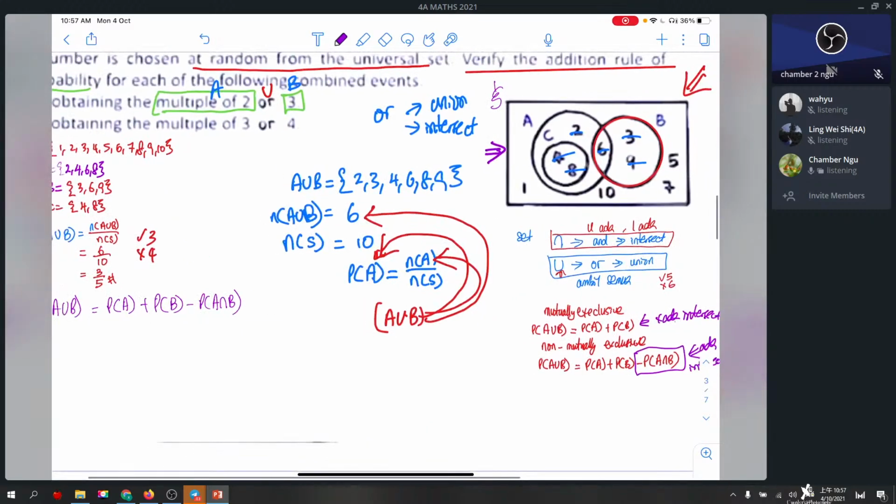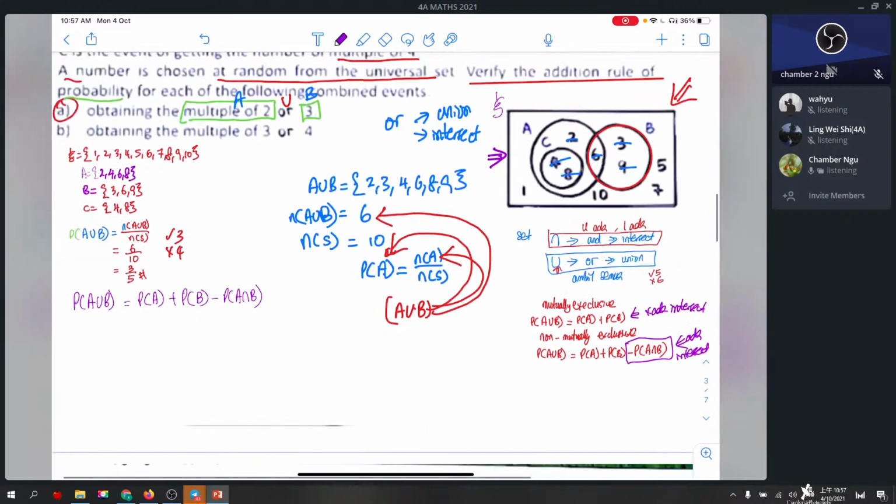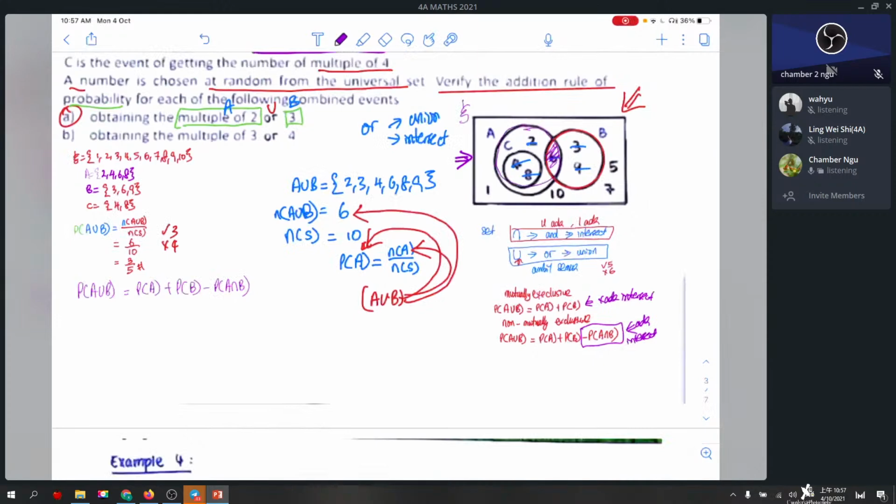Okay, you tengok set A and set B. Ada persilangan ke tidak? Is there any intersect? You see, this is intersect, right? Betul tak? So actually, it's very clear that this is non-mutually exclusive. Can you get me or not? If you understand, reply me 1. If not, reply me 2.